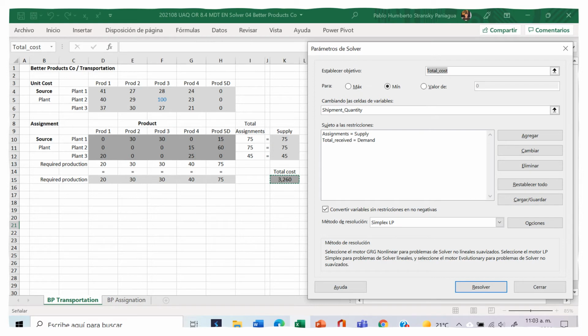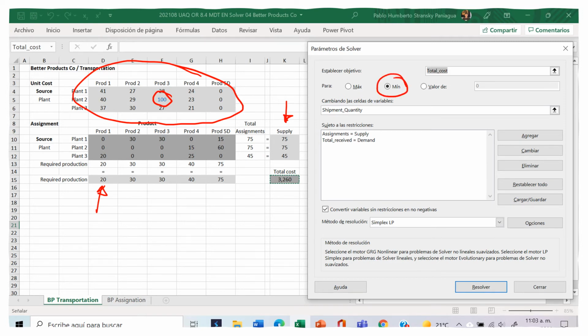So we include this information in our solver. We have the unit cost table. Remember we have these restrictions, so we're giving a high cost, 100. Our supply is directly included, and also our demand. We just run Solver.